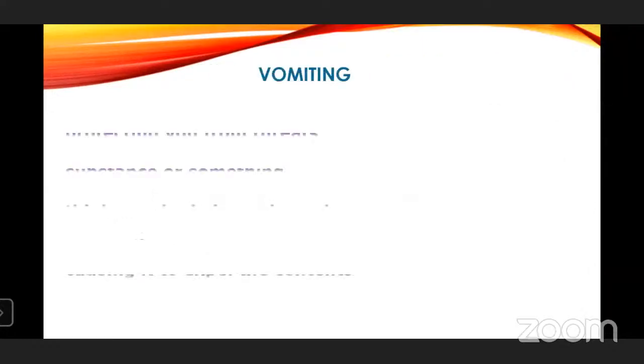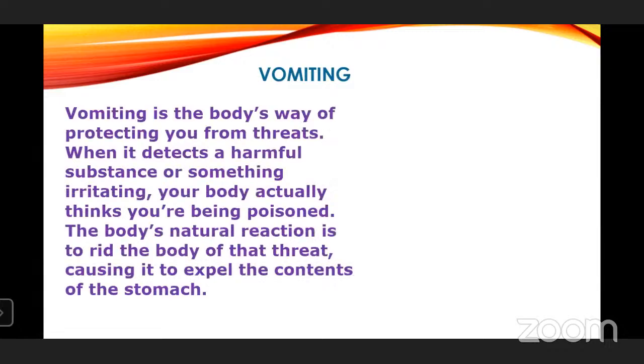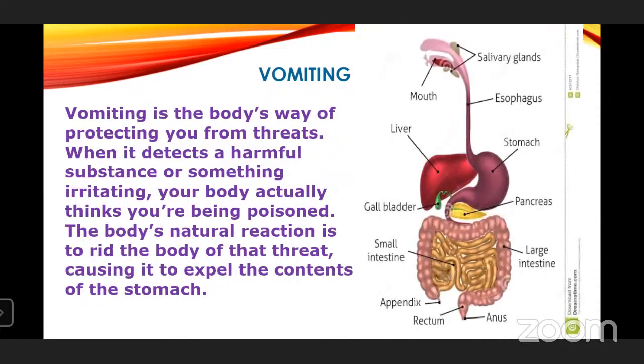So vomiting is also part of this, dear friends. Vomiting is the body's way of protecting you from threats. Sometimes when it detects harmful or irritating substances, your body thinks you are being poisoned.